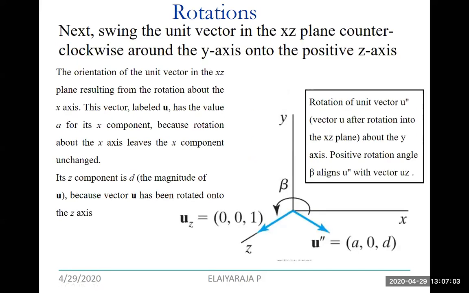Similarly, the next swing: the first swing happened at the yz plane. The next swing is going to happen at the xz plane, counterclockwise. Here you already have the u dash value, which you got as 0 comma b comma c, right?